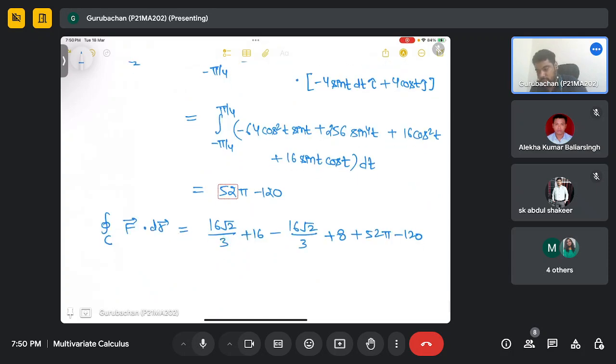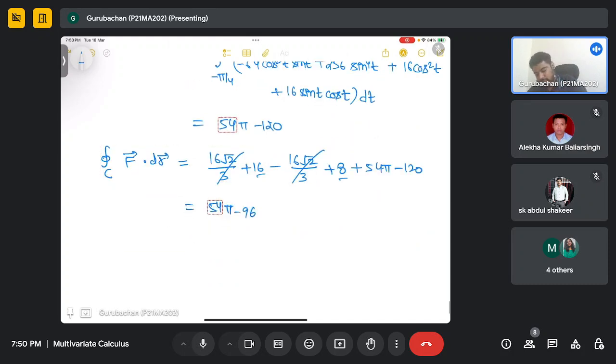This will give you, here is some mistake, it is really 54 pi. You might verify, or we will verify from the RHS also. Minus 16 and 8 will cancel out, 16 and 8 is 24, then it will be minus 96. So the LHS has been calculated now.